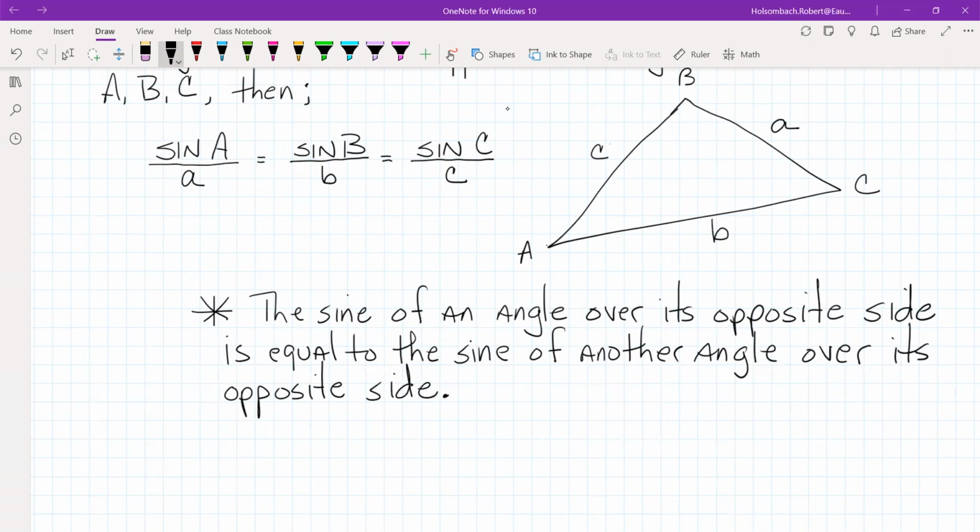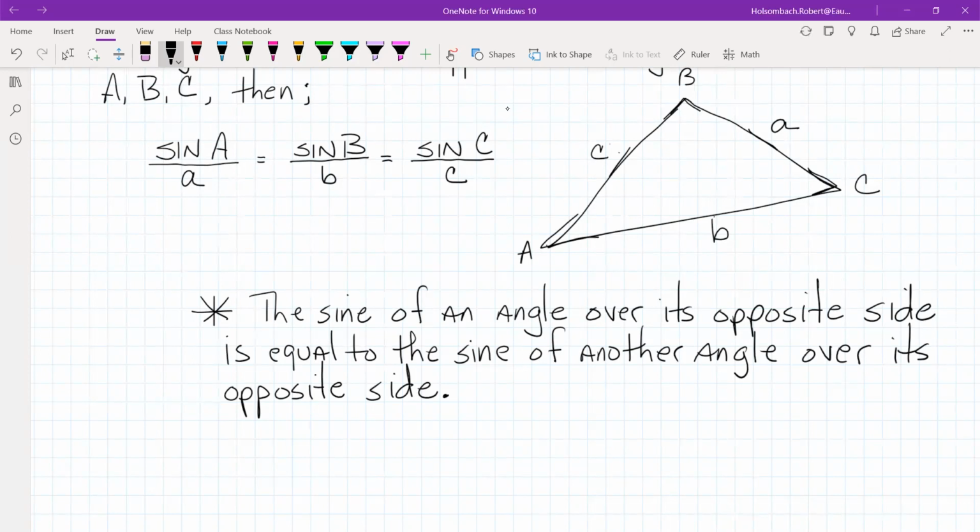Sine of B over B equals sine of C over C. The sine of angle A over side A equals the sine of angle C over side C. All right, sine of an angle over its opposite side equals sine of an angle over its opposite side.